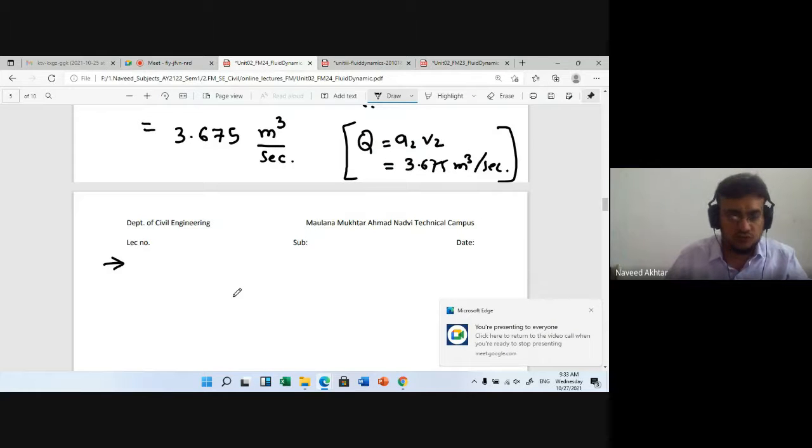Write down. We will solve example number 2 on the measuring device.